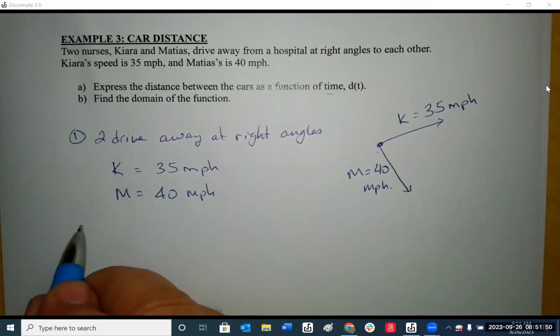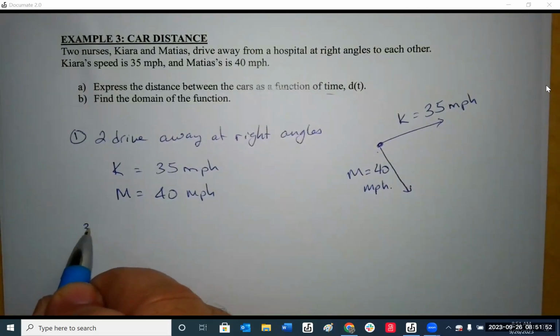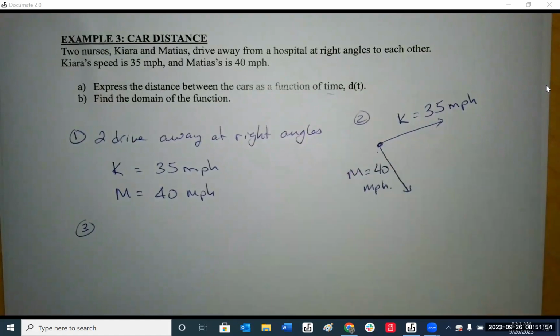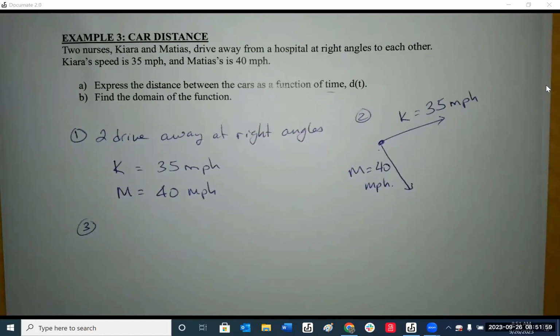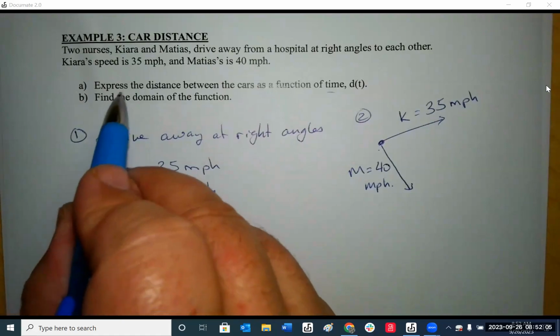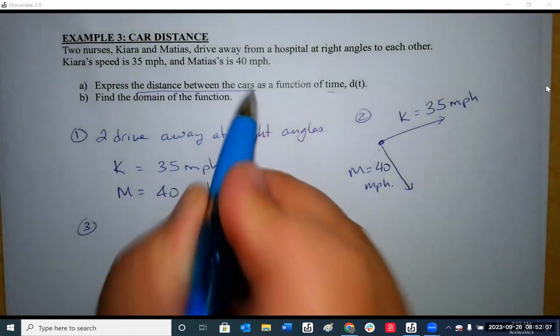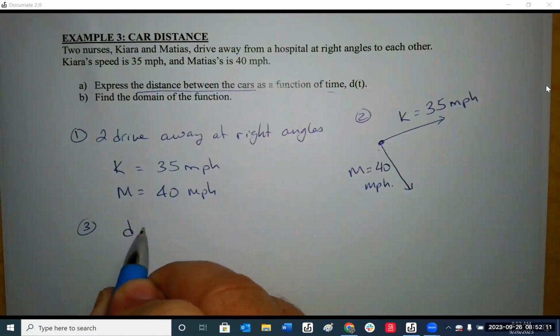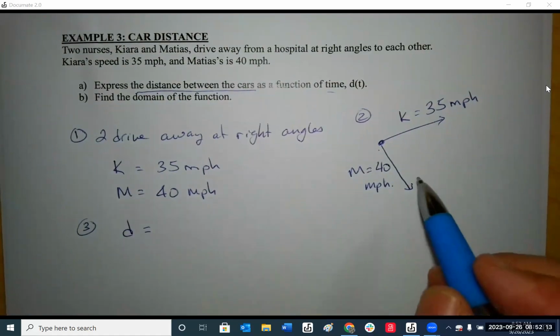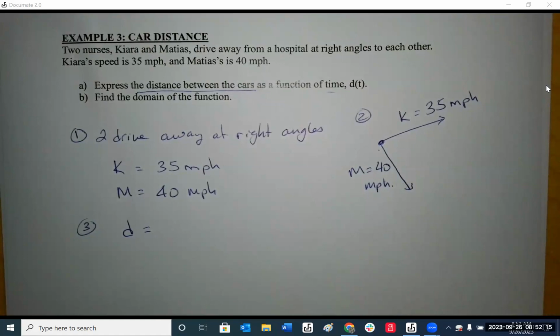What's the question asking for? The distance between the cars. So looking at the picture, do we have a distance formula in mind?